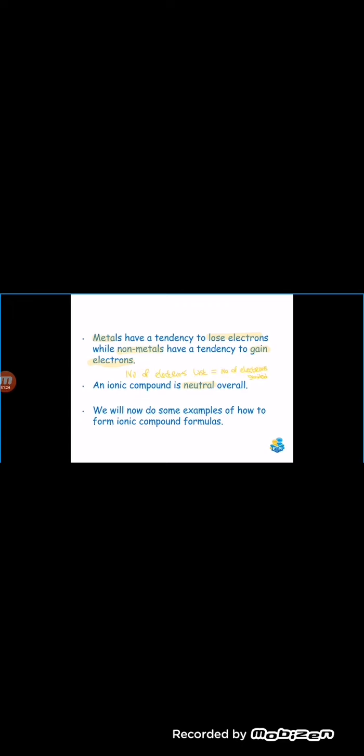So let's look at a few examples of how to form ionic compounds. So let's take an easy example to start with, potassium bromide. So the first thing you always do is write down the ion of each of the elements that you're dealing with. So the potassium ion has a positive charge, and it is K+, and the bromide ion has a minus charge, Br-.